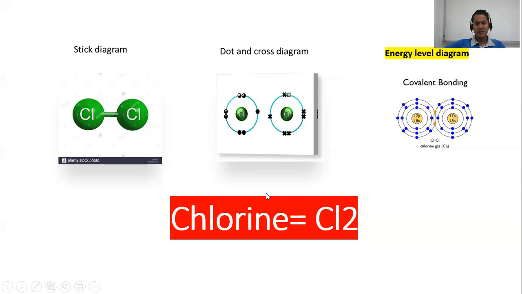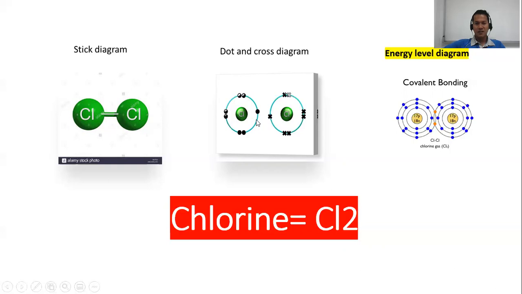Since chlorine is in group 7, it's going to have 7 valence electrons. So let's take a look at the dot and cross diagram first. We're going to draw the valence electrons first. Since the chemical formula is Cl2, we're going to need 2 atoms here, right here and then right here.